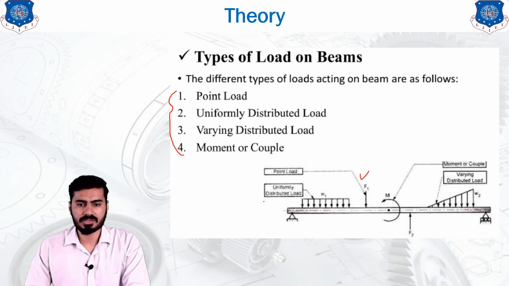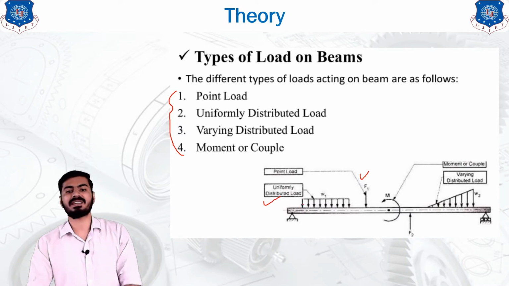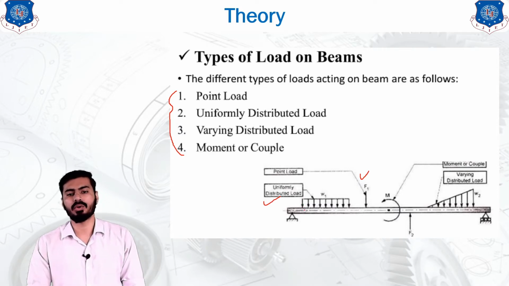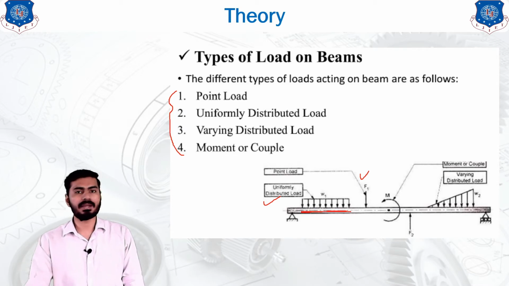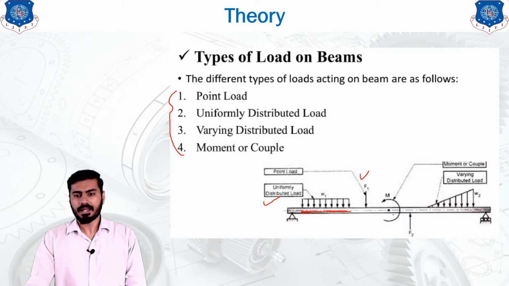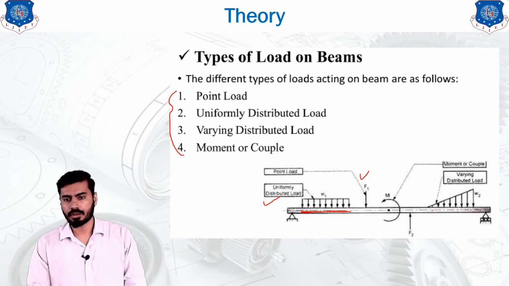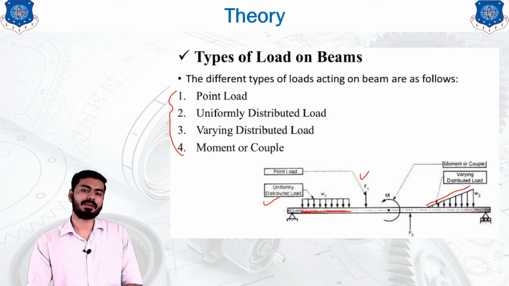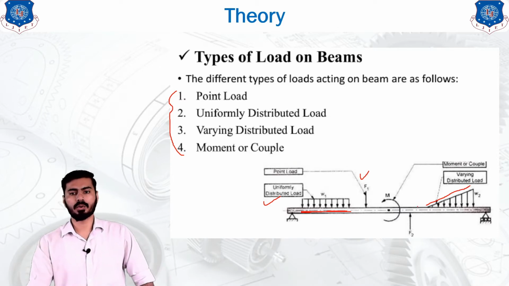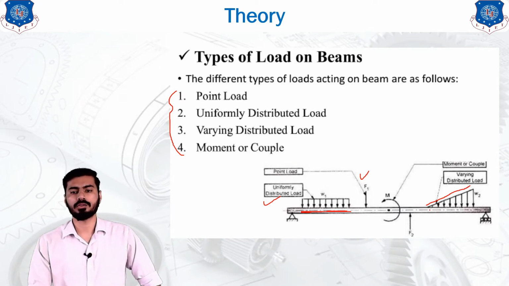The uniformly distributed load is the one which has the same intensity of force throughout the length of the beam as per the loading condition. The varying distributed load is continuously varying from 0 to maximum or maximum to 0, based on the loading condition, throughout the length on which it is applied.